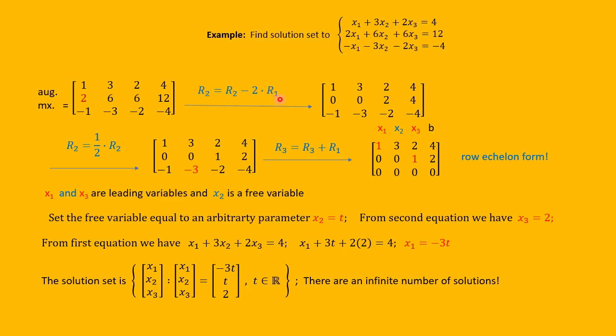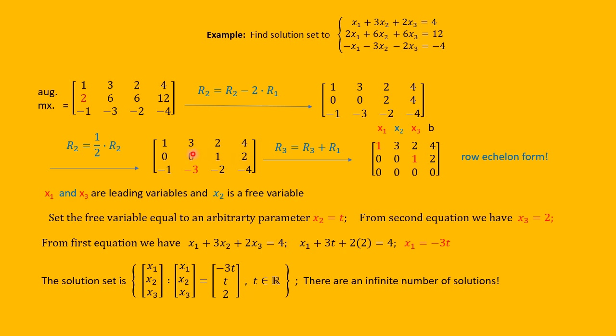That's an elementary row operation. And when we do that, the second row is transformed to 0, 0, 2, and 4. The first and third rows remain what they were. Let's multiply the second row by a half. Row 2 equals a half row 2, which makes it 0, 0, 1, and 2.